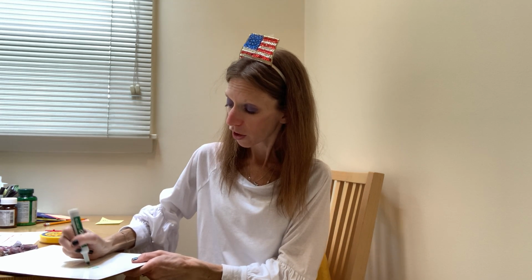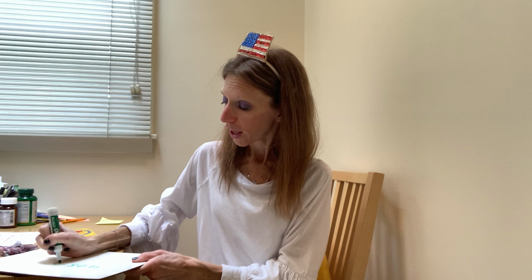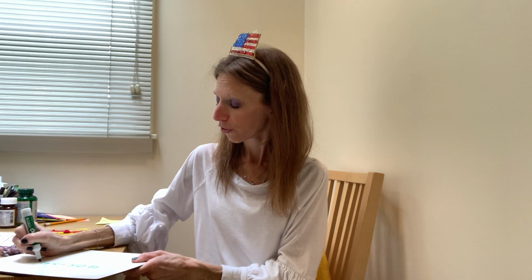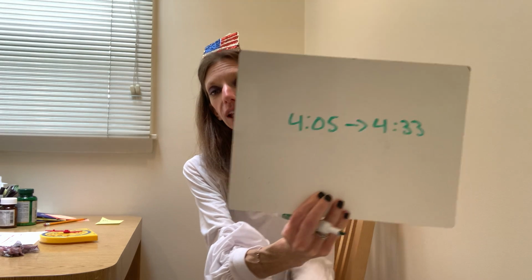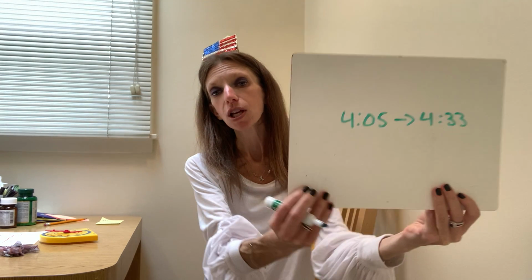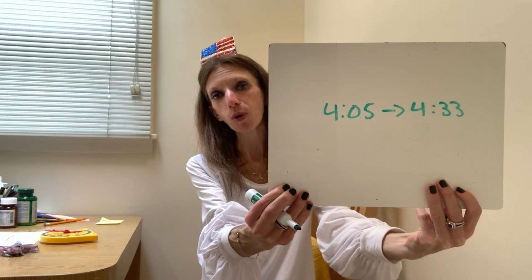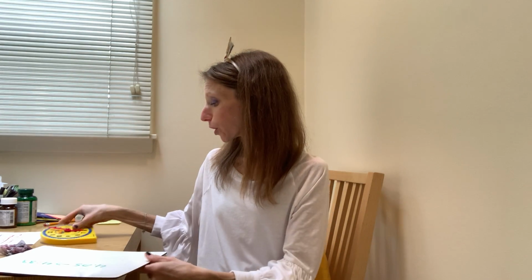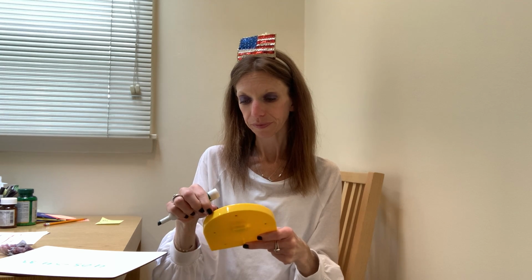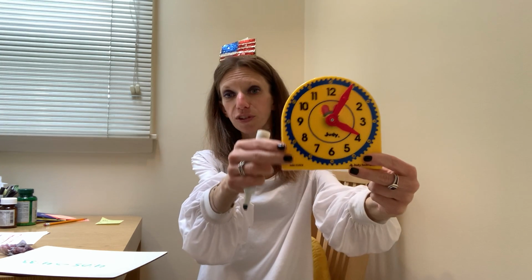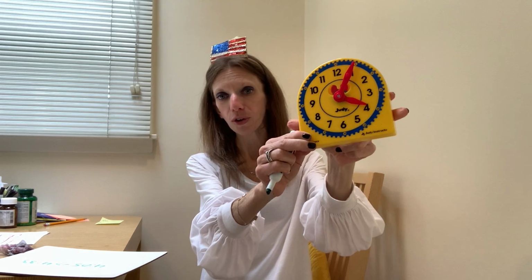So then we worked on elapsed time, where I would give you 2 times and you told me how much time passed. So I may have said it was 4:05, and then what time is it at, then, 4:33. How many minutes passed? So I gave you the start time and the end time. So 4:05 to 4:33. You put your clocks on the start time, which was 4:05, and then you skip count until you get to 4:33.